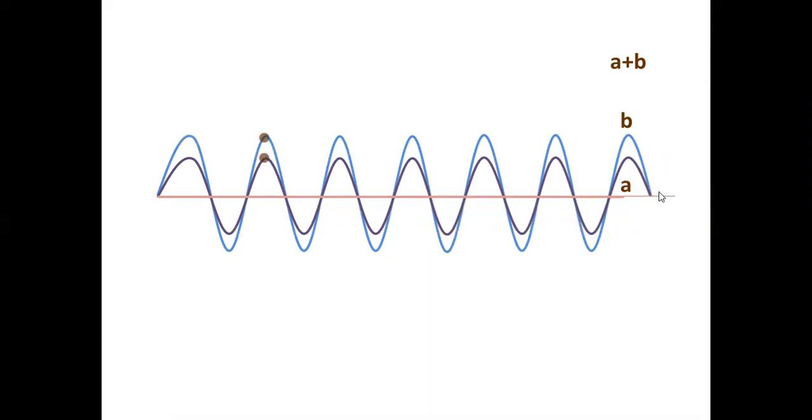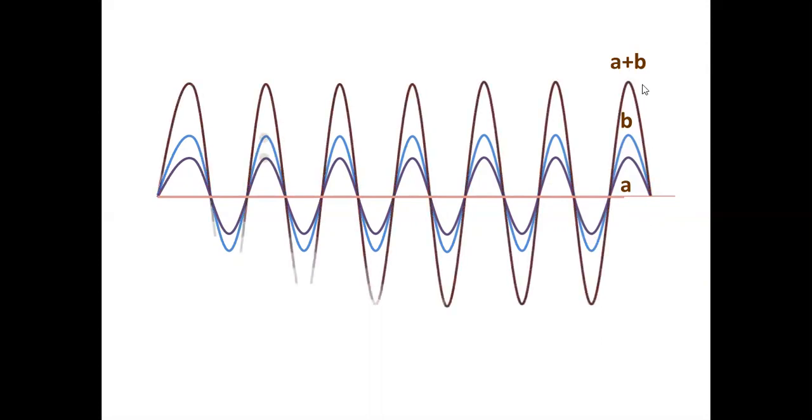Another, your friend comes and he also puts a stick at the same point and starts vibrating it. It produces another stronger one. What will you see in that water surface now? You will never see this wave. You will never see this wave also. You will see a resultant wave which has an amplitude of A plus B. The resultant wave will have an amplitude of A plus B, and it will be a stronger wave.